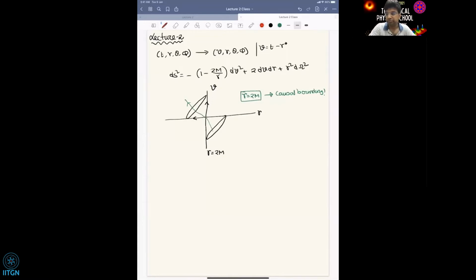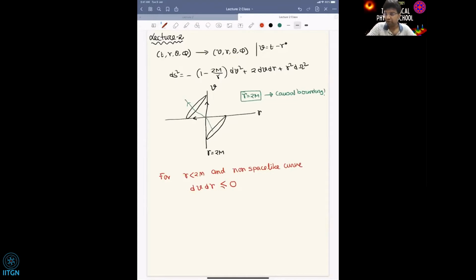We have proven that for r less than 2m, for a non-space-like curve, dr/dv must be greater than or equal to 0.